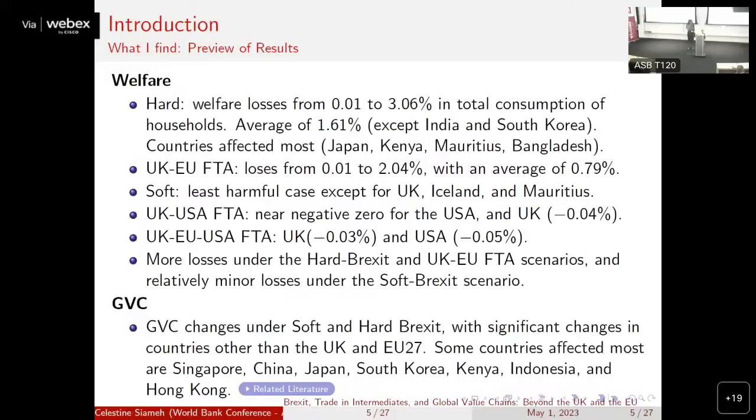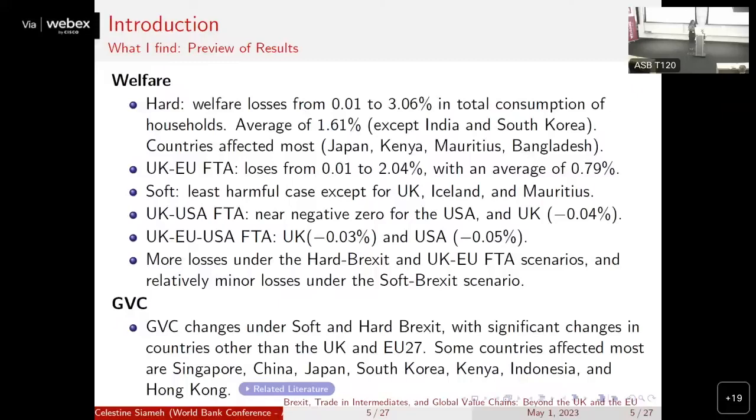But when we look at the UK, that is the current Brexit in effect, there were also losses. The pattern of losses in the current Brexit and the hard Brexit are the same, just that the current Brexit losses are a bit smaller than those of the hard Brexit. Then for the soft Brexit, there was a gain for all other countries, except for the UK, which I expect to experience a loss, and Iceland and Mauritius.